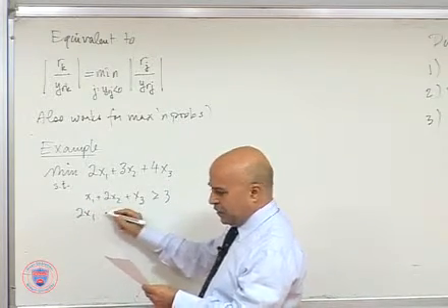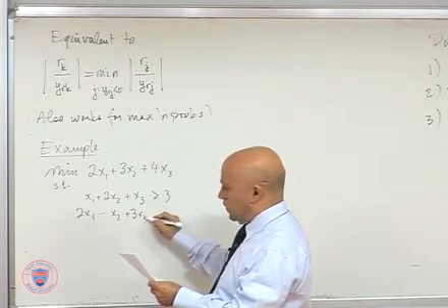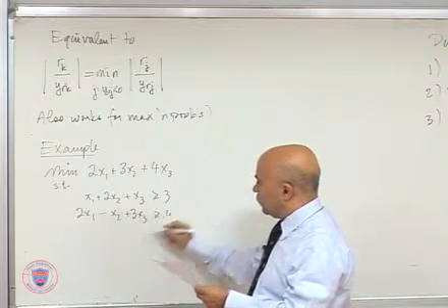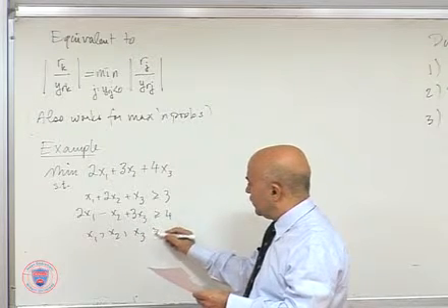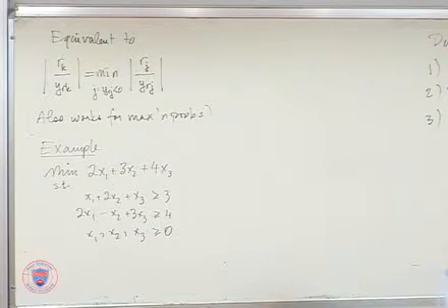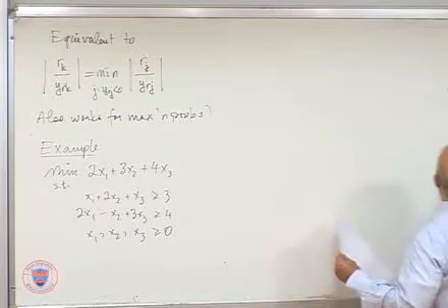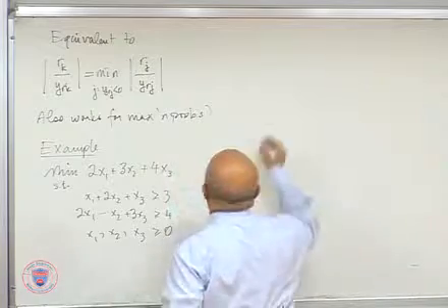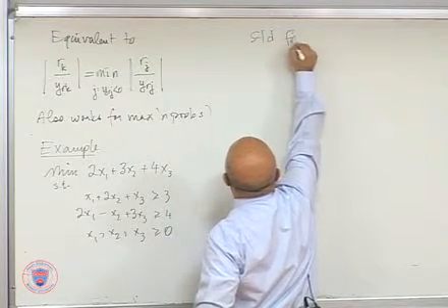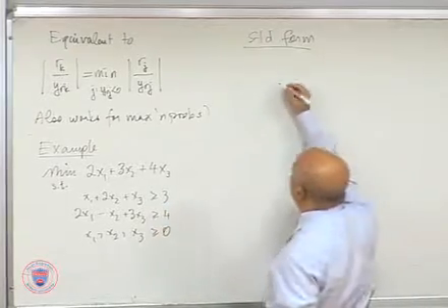2x1 minus x2 plus 3x3 is greater than or equal to 4. Canonical form, minimization. Okay? Except that we'll change it into a standard form. So, if you look at the standard form, we just subtract surplus variables from both constraints.